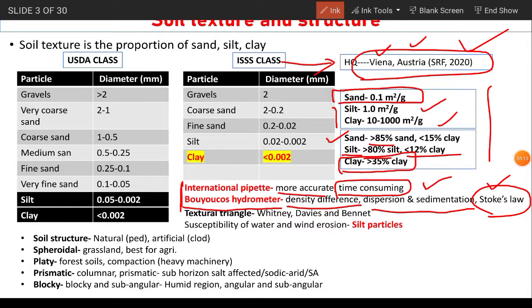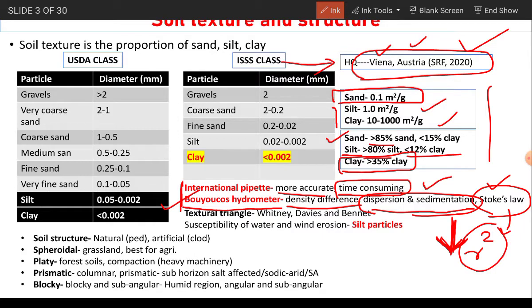The soil particles fall under the force of gravity, and the rate of fall is directly proportional to the square of the radius of the particle. This is given by Stokes law. So if you are using a Bouyoucos hydrometer, it follows Stokes law, which is based on dispersion and sedimentation.